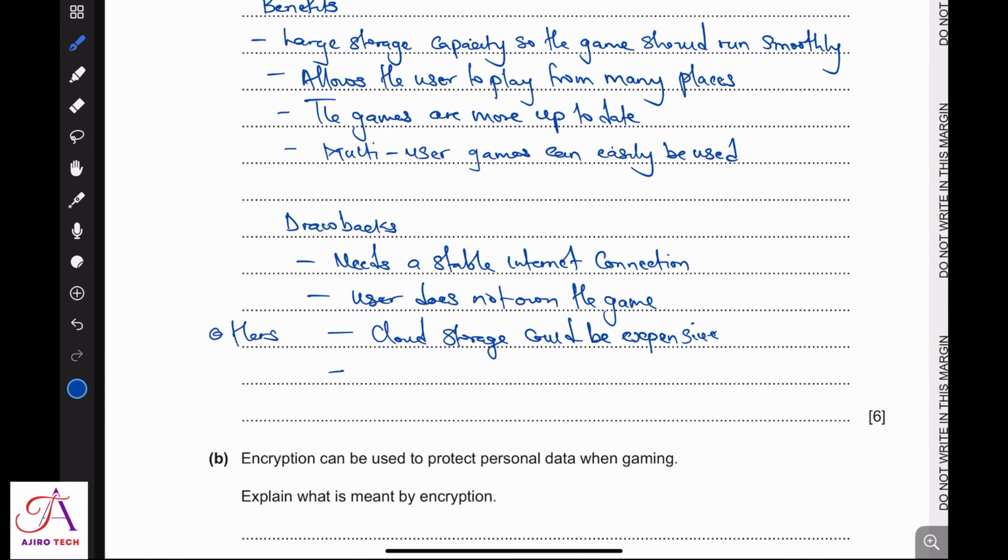And what else? It needs greater bandwidth. There's also the tendency that there may be a monthly subscription, like I said, in-app purchase to play.